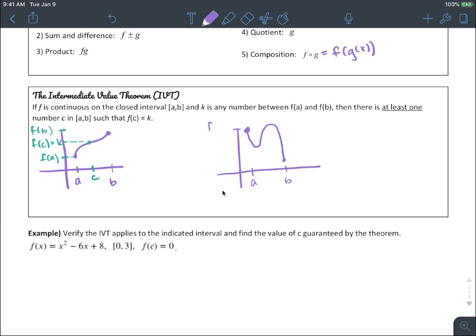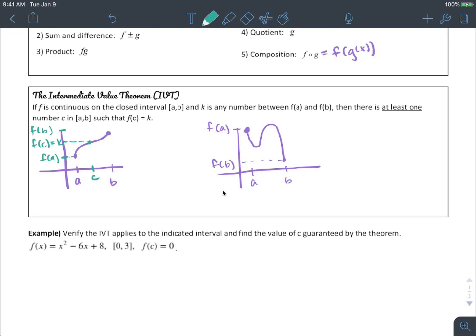Up here would be f of a, and down here is f of b. Is there some value at c where I get an output of k? So k has to be in between f of a and f of b.